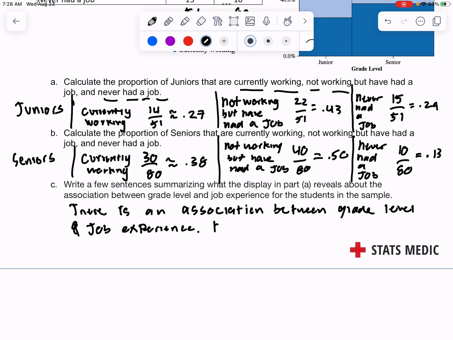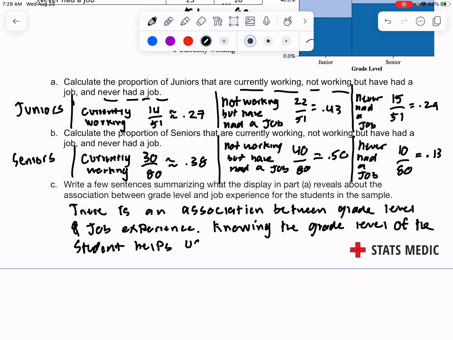That means that if I know the grade level, then I can predict, or at least it helps us predict, their job experience.